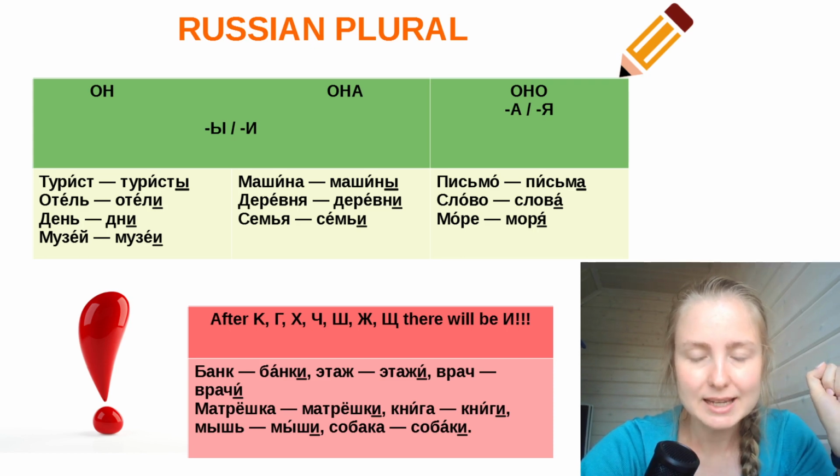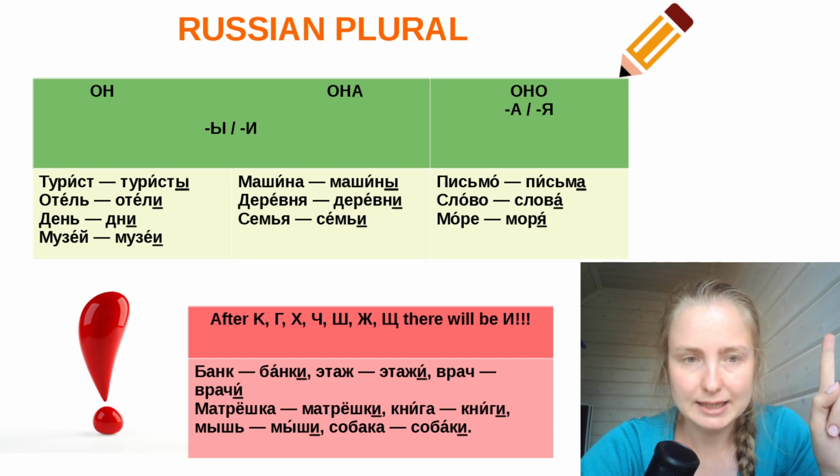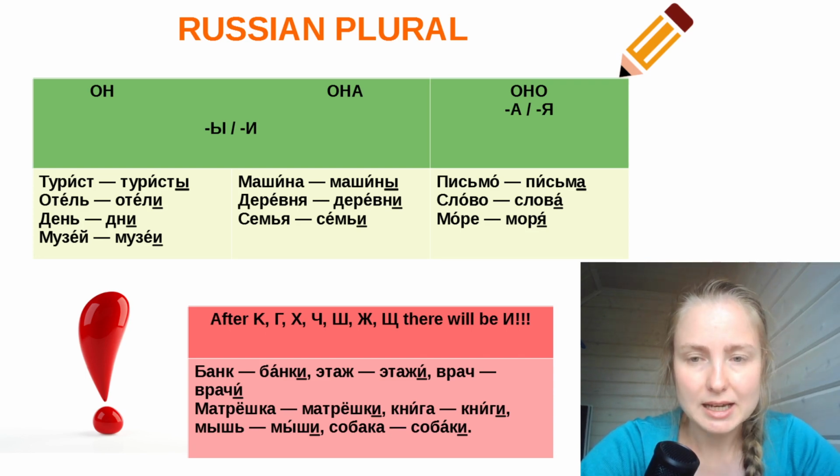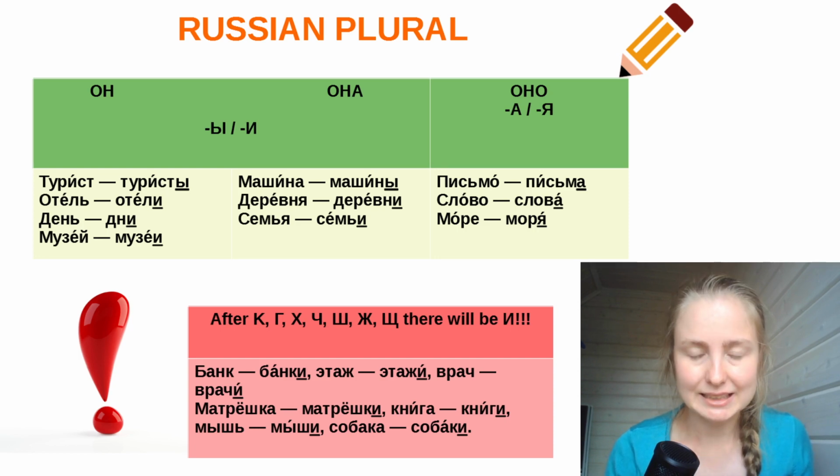If the word ends in the soft sign, like отель и день, один отель, один день, the soft sign we need to replace by the ending и. Много, many, отели, дни.